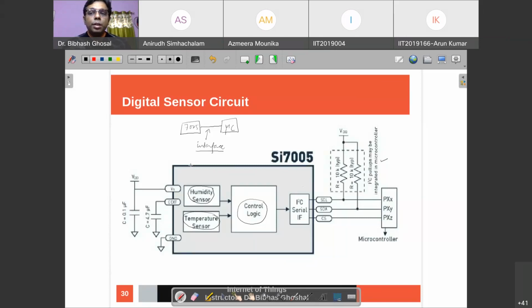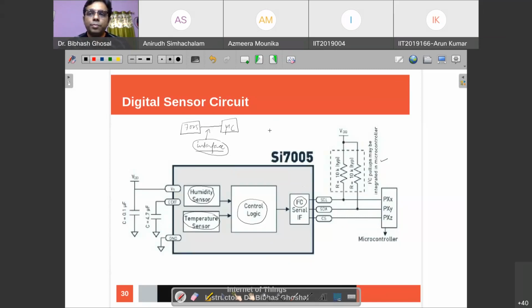This is a near communication because the communication happens between two devices which are very near. And it usually happens through a wired communication. So the interface where the sensing circuit has to send the data to the microcontroller will make use of some interface. We'll talk about the interface just now. Here, as you see, there is an interface that is used, which is called I2C.